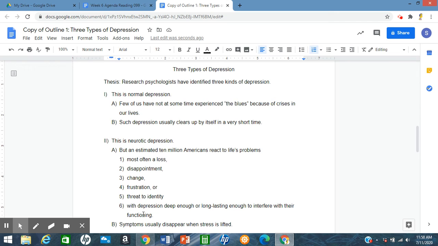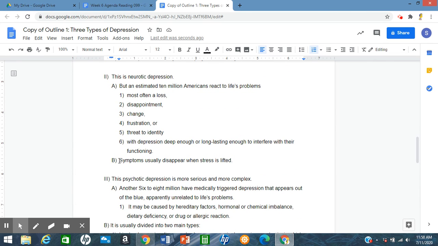Now, you could have kept it all as 1 if you didn't break it up, and that is fine. And then it would go right into B. Symptoms usually disappear when stress is lifted. Again, remember the major details are when they go into another piece of support. The minor details support the major details, so that's why they go into statistics, facts, or more details for that major detail. And it's just going to take practice to get to notice that.